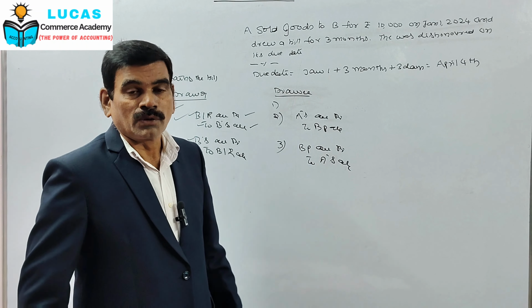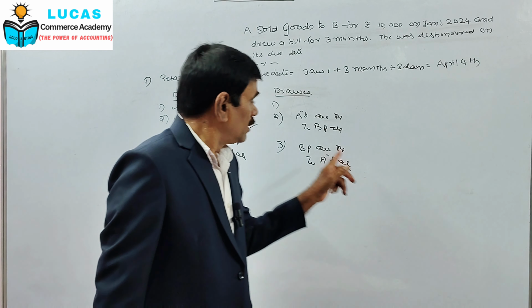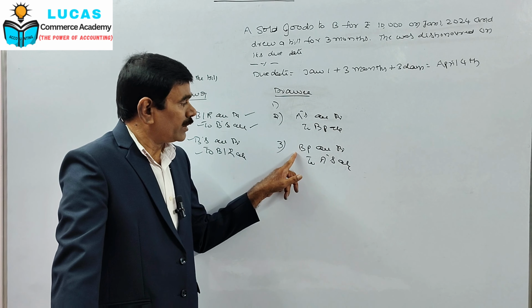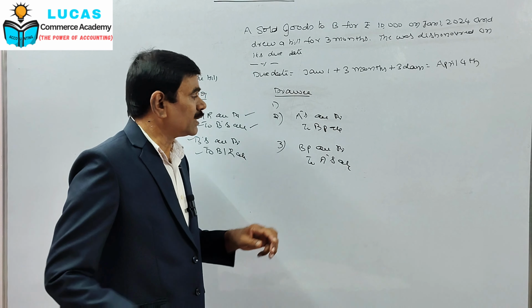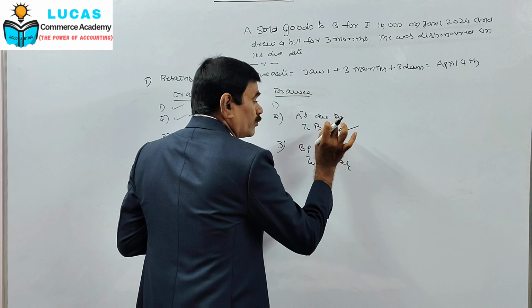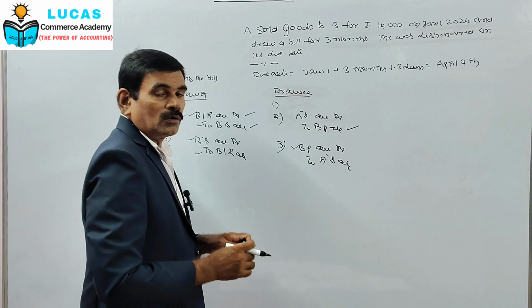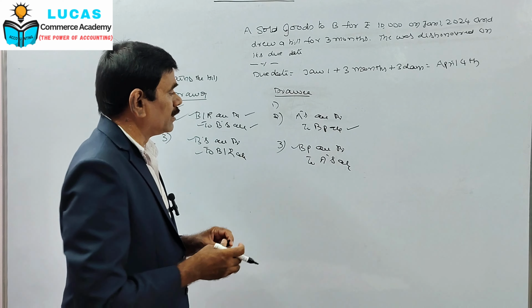So what is the journal entry for bill dishonored in the books of drawee? Bills payable account debit to A's account. Bills payable account was credited before, and to cancel it, now bills payable account is debited.